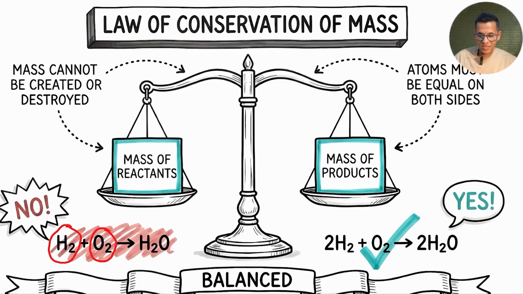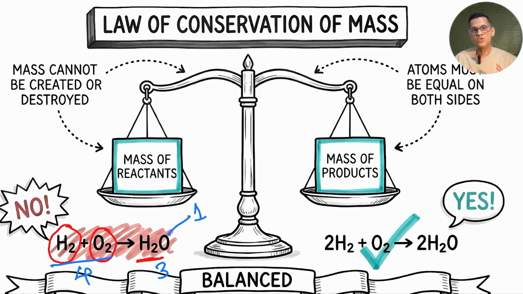But if you look at the products, I have 2 atoms of hydrogen, but only 1 atom of oxygen. So in total, I have 4 atoms on the left hand side, whereas on the right hand side, I have just 3 atoms. If I leave this equation as it is, I'm violating the law of conservation of mass.